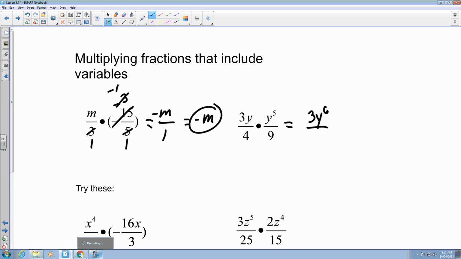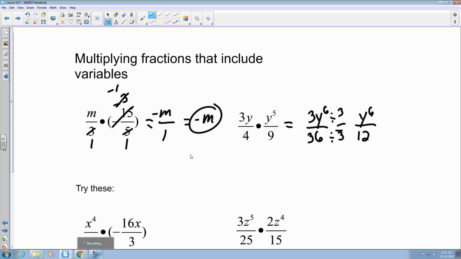And 4 times 9 is 36. And I made a mistake. 3 and 9 do actually go together, so I do have to reduce this. Both 3 and 36 are divisible by 3, which means that this will turn into y to the sixth all divided by 12, because I divided by 3 here and I divided by 3 here.